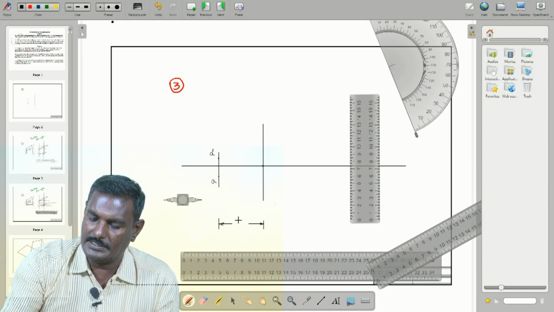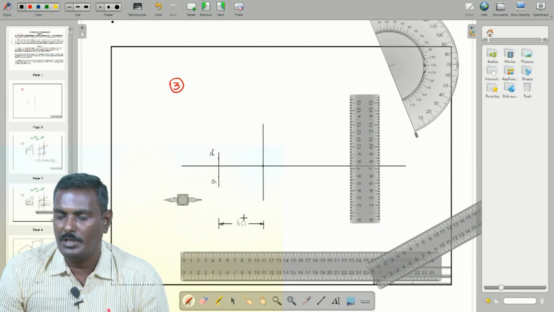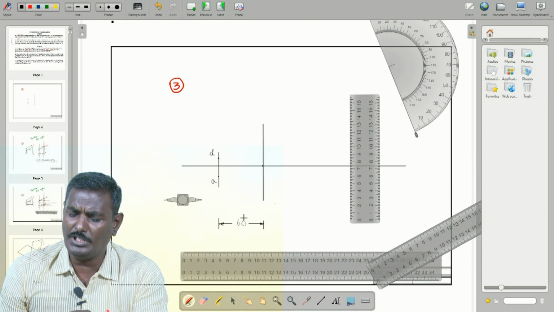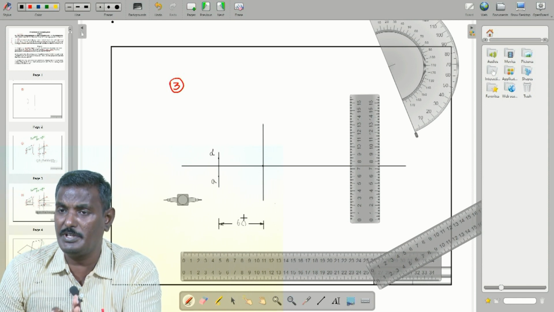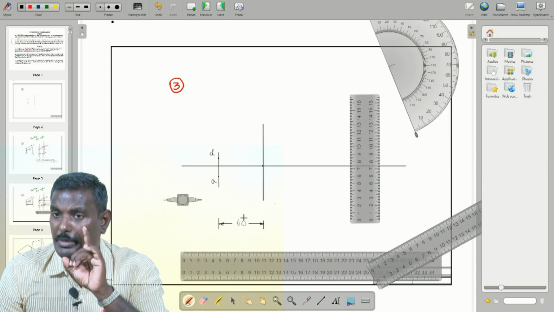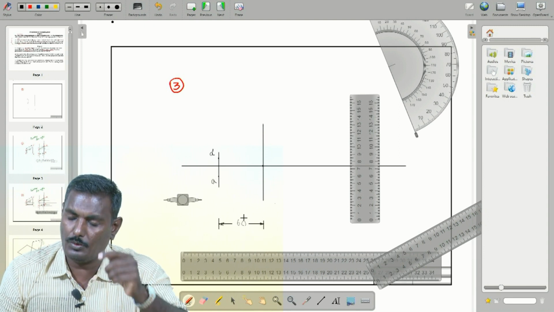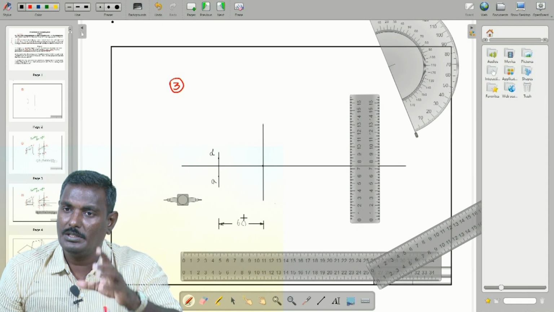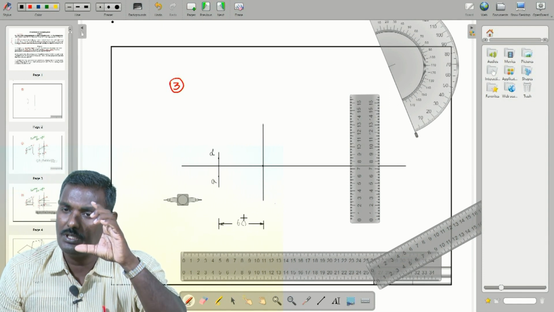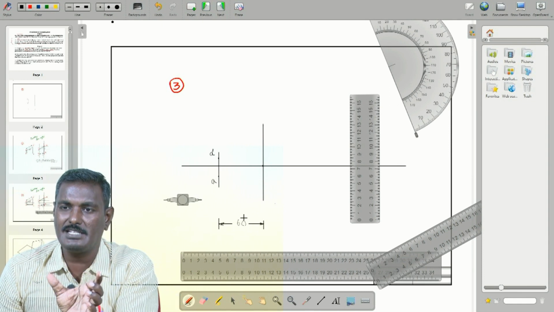So here 60 mm. We mark the distance between this endpoint and the other endpoint, because in the plan, while you look from the top, the actual 70 mm AB looks as 60 mm.